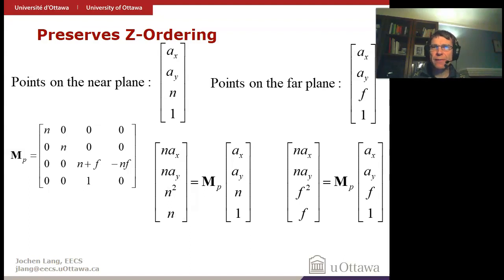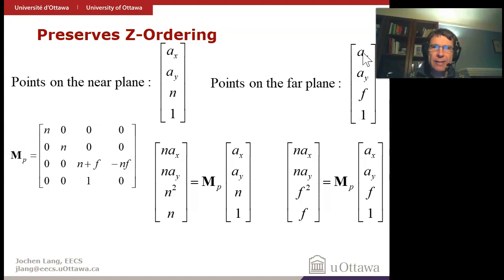We can also do this with a point on the far plane. So here I say, it has some x value, has some y value, but it sits on the far plane f. And when the point sits on the far plane, its z coordinate after perspective projection ends up still being on the far plane.